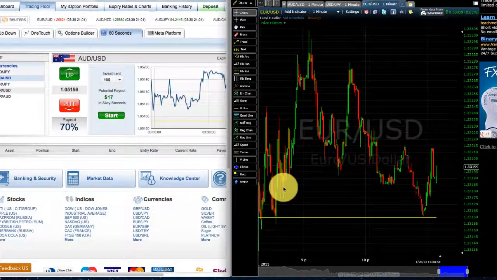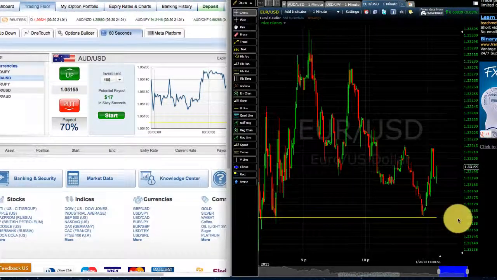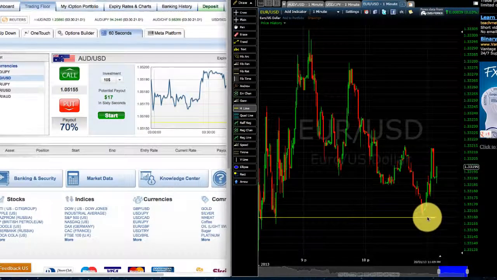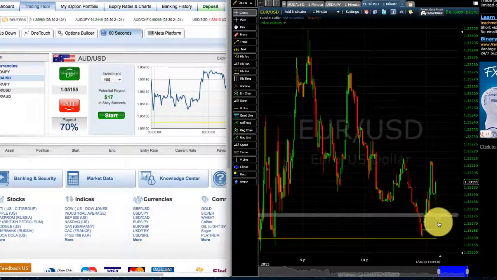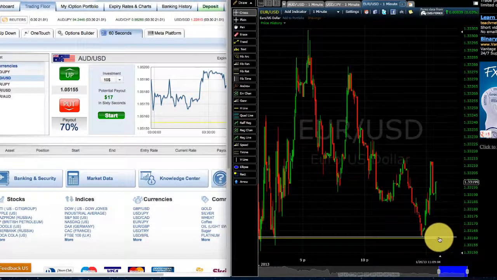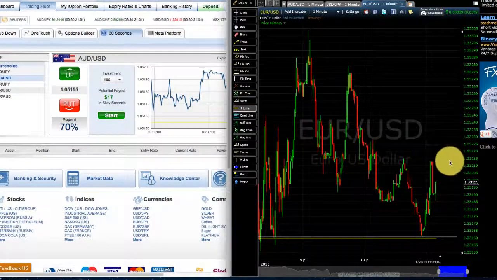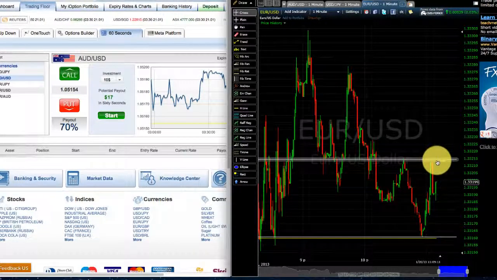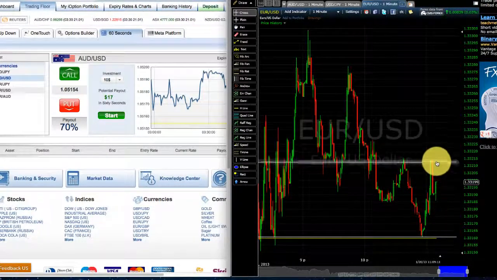So you see there is a support line there. And I'd say around about here, the price is resisting here.